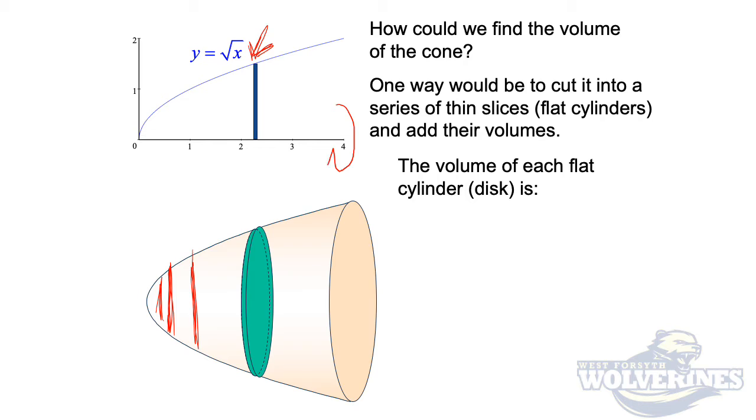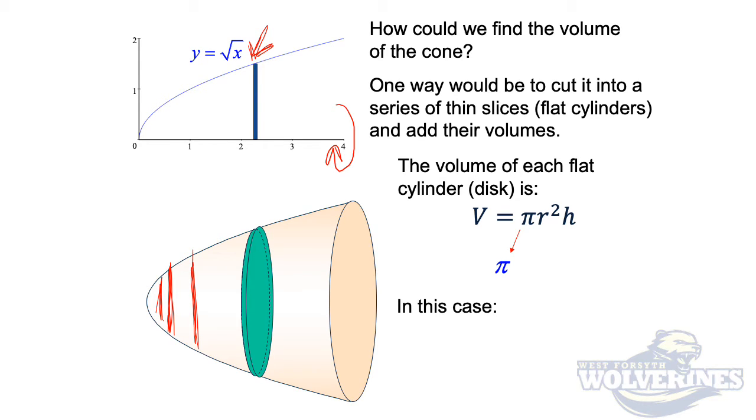If we think of each of those as an infinitely thin cylinder, basically they are circles, pi r squared, but with a minute little thickness or height to them. So each one of those is pi r squared h. How do we determine what the r squared and what the h are?